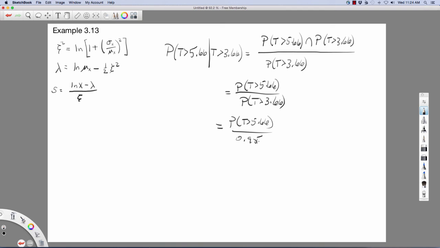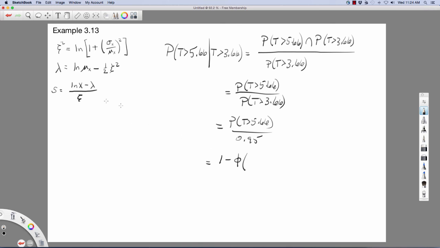And the probability that the time is greater than 5.66 is the same thing as 1 minus the probability that it's less than 5.66, so we take the complement of the CDF function.